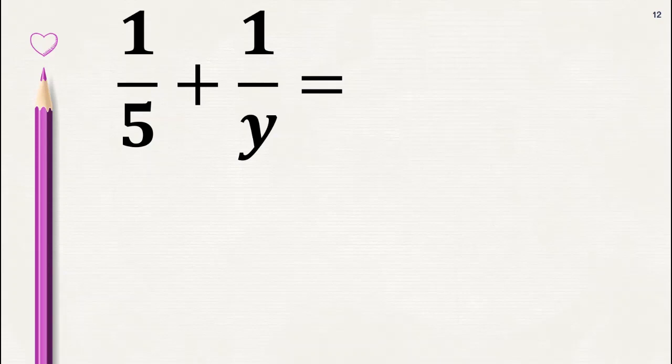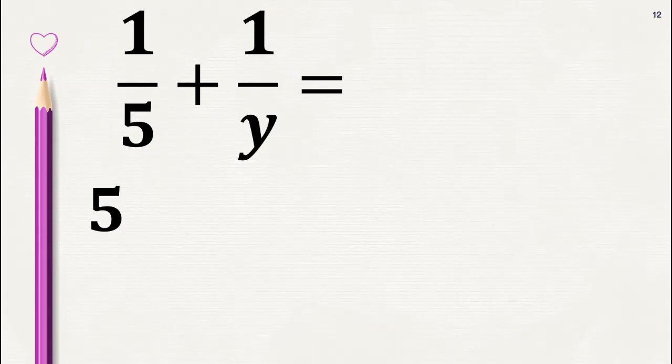First, find the least common denominator. To find the LCD of our denominators, we will get the only factor of them other than 1. The first denominator is 5. The only factor of 5 other than 1 is 5.